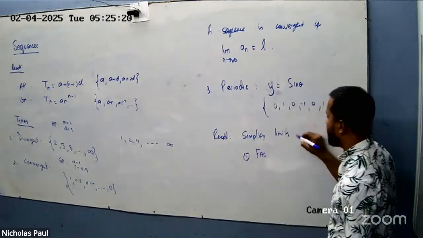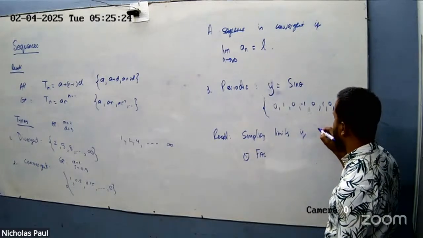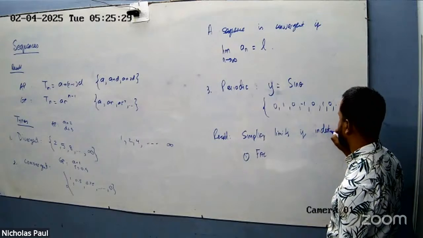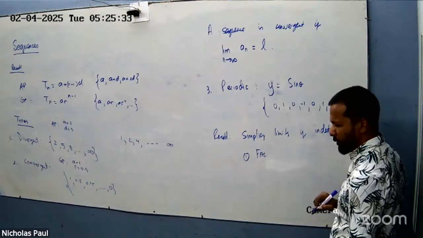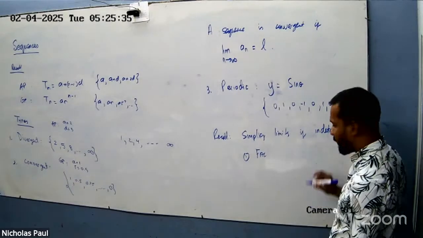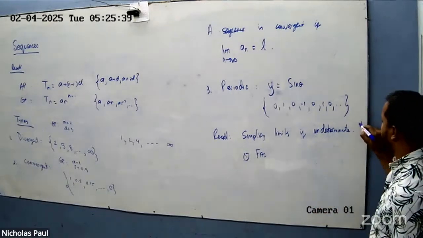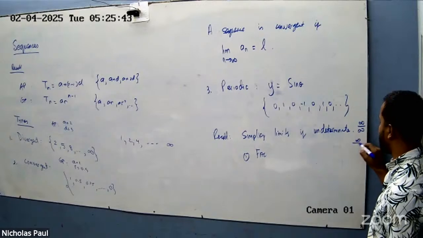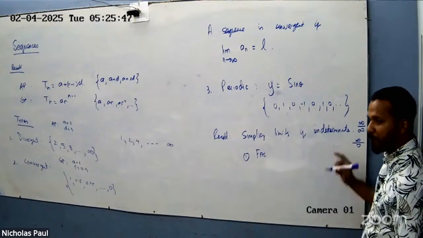By the way, simplify limits if it's indeterminate. So if you end up with something like infinity on infinity, or infinity on zero, then it's indeterminate.